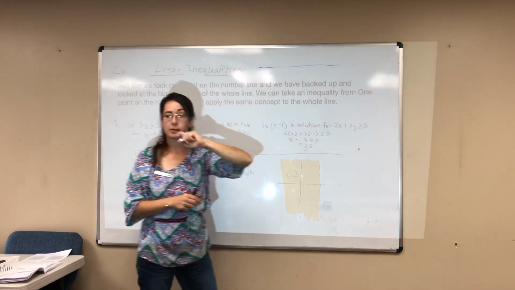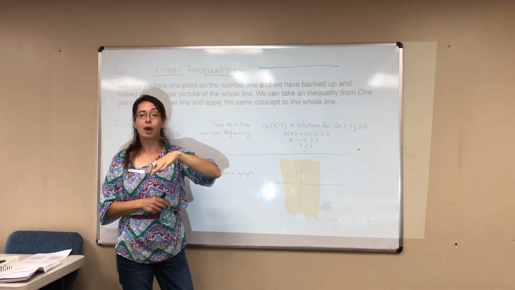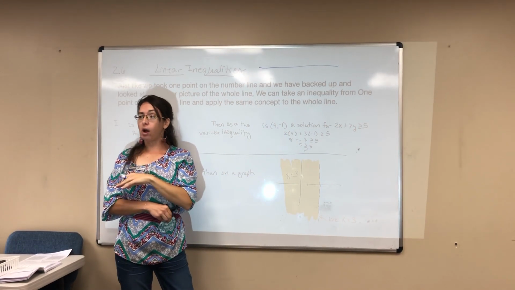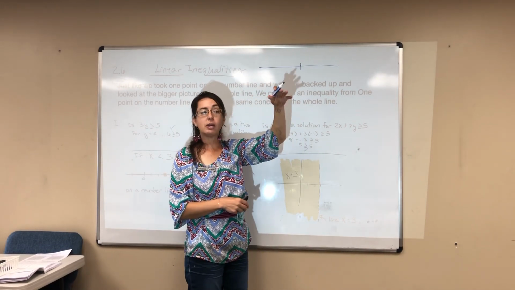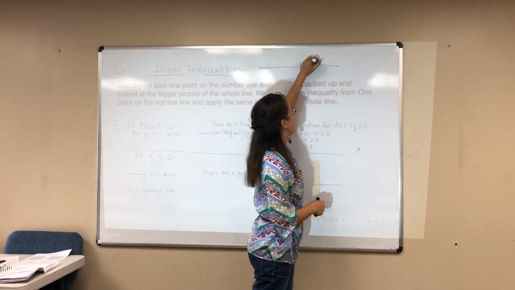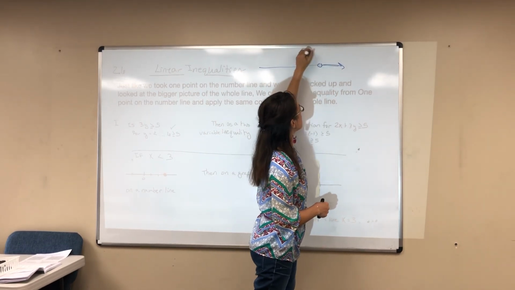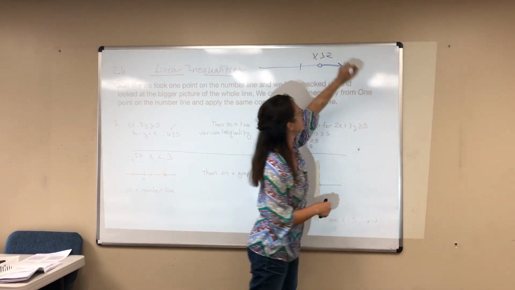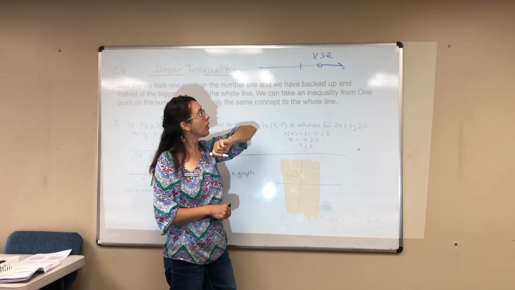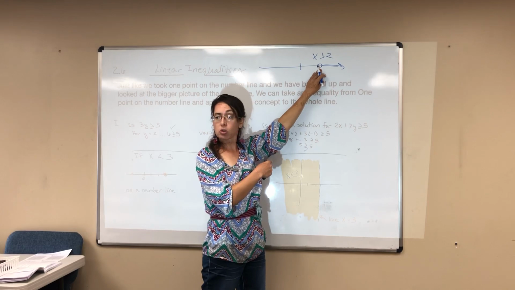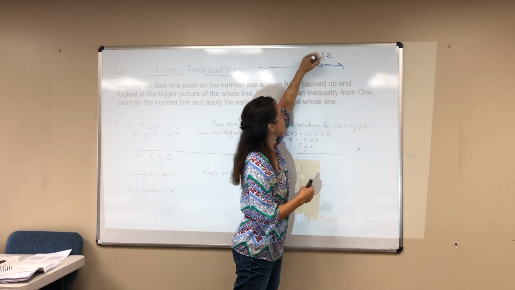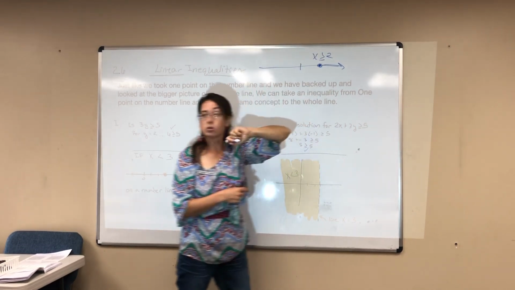Then, at the beginning of chapter 1, we began to address inequalities, and we said x could be greater than or equal to 2. Greater than 2 without equal meant an open circle. When we made it equal to, we filled in our circle, correct?